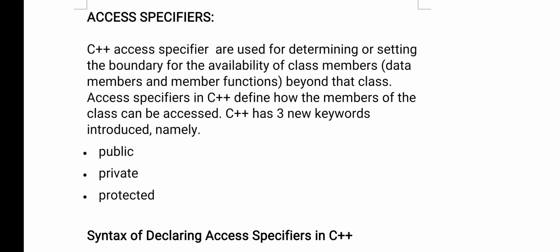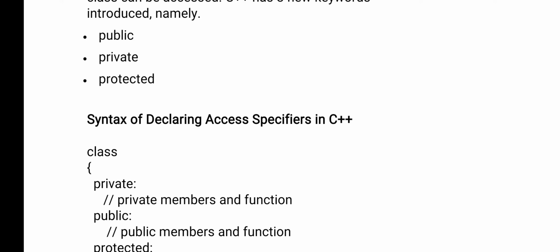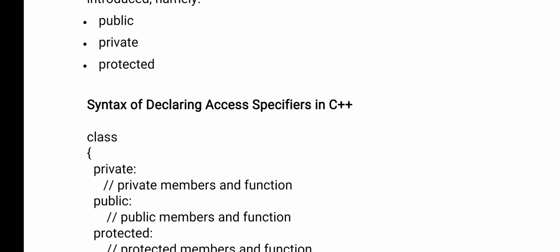So access specifiers are used to decide the boundaries of the data members, means where we can use a variable and where we can't use the variable. Understood?